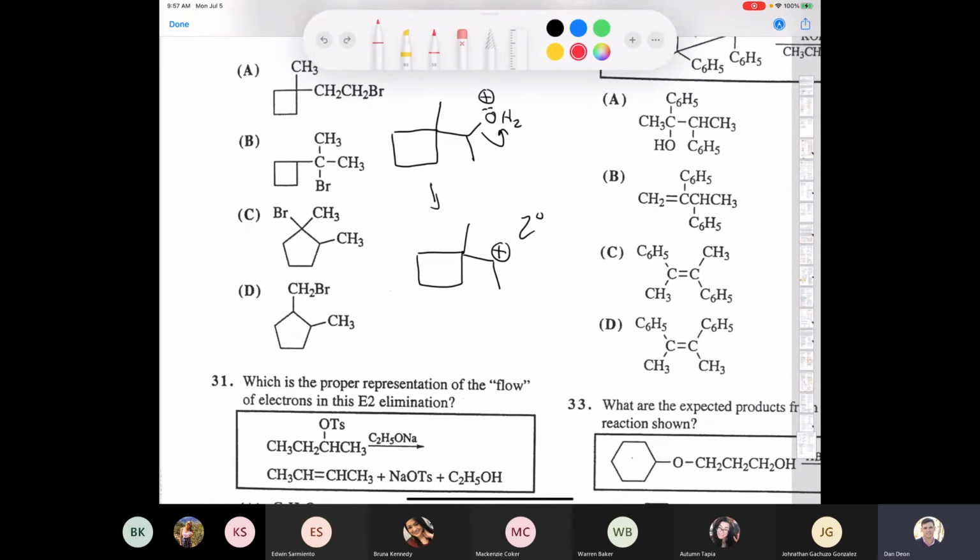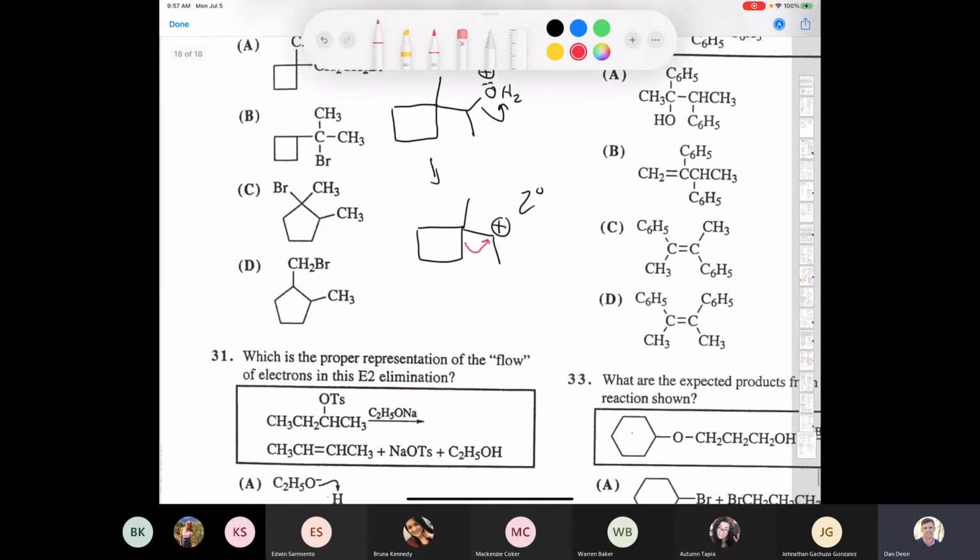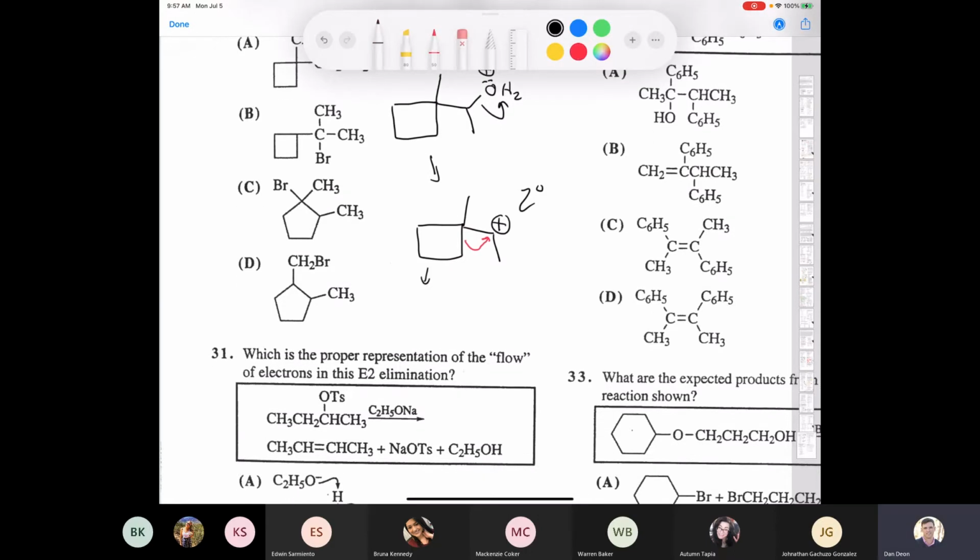And so what would happen here is that this sigma bond, you'd actually take those two electrons and put them in here like this. And what that causes is a ring expansion. So now you go from having a four-membered ring to a five-membered ring. If I count the carbons, 1, 2, 3, 4, if I put my methyl group here and I have 1, 2, 3, 4, like this, then this carbon that has the carbocation would be carbon 5 right there.